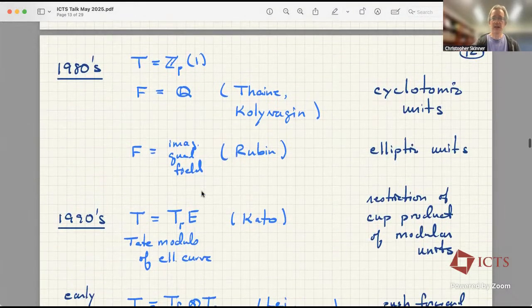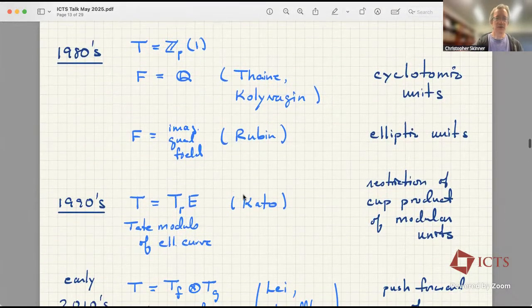Here's a very short history. In the 1980s, we really only knew two Euler systems. We knew the Euler system for the Tate module Z_p(1) and the field Q. This came out of the work of Thaine and Kolyvagin, and the cohomology classes of interest arose from Kummer theory via cyclotomic units.